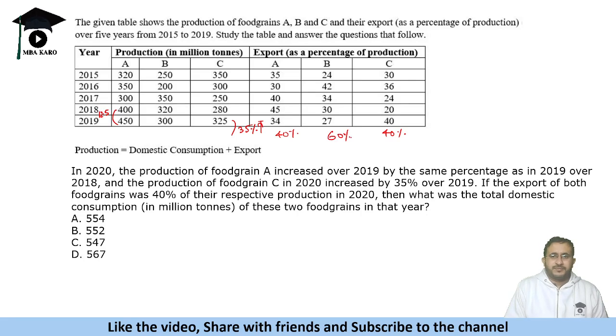So domestic consumption is 60%. We need to increase this by 12.5% and this by 35%, and then find 60% of it.